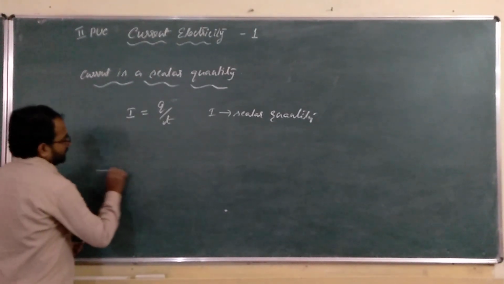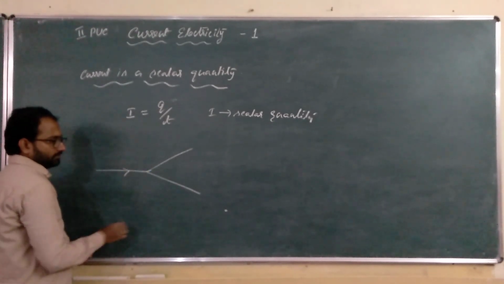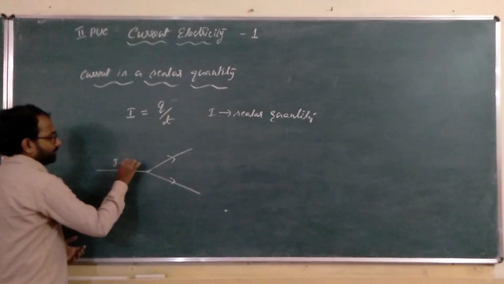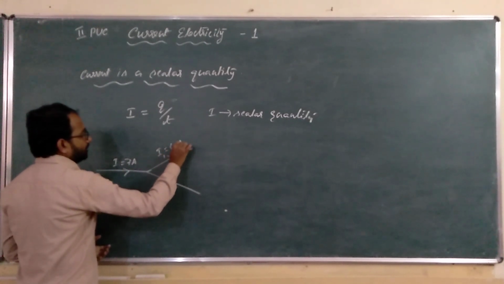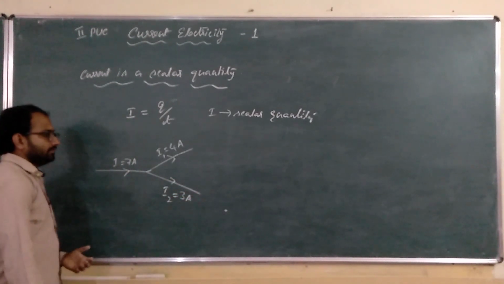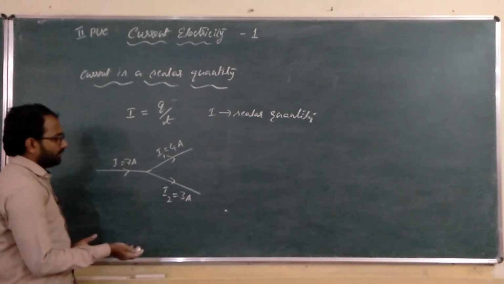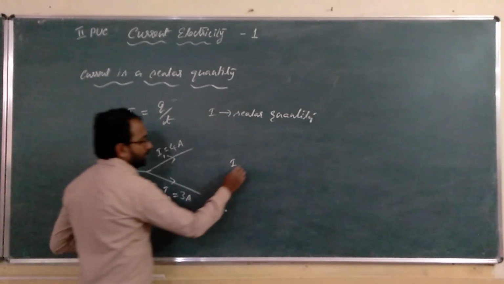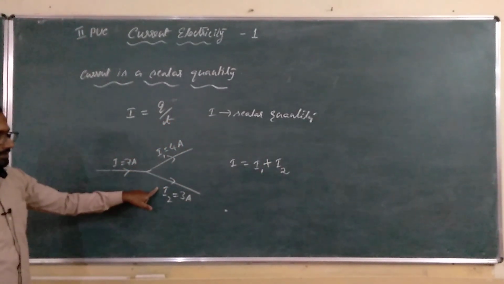Consider a part of the circuit, where we have two branches. Say the main current I is 7 ampere, and the currents flowing in the two branches are 4 ampere and 3 ampere respectively. What is the net value of current? I is equal to I1 plus I2, the algebraic sum of individual currents.